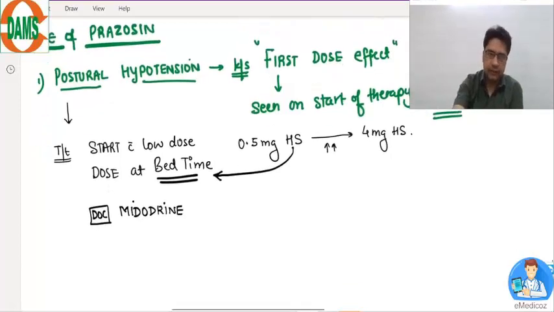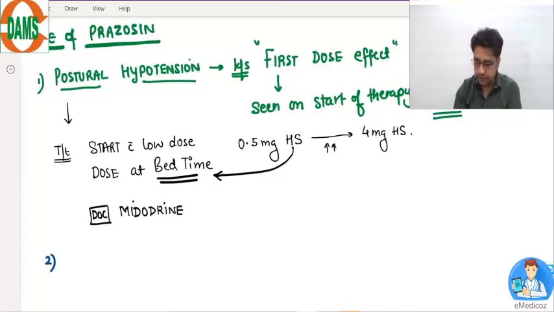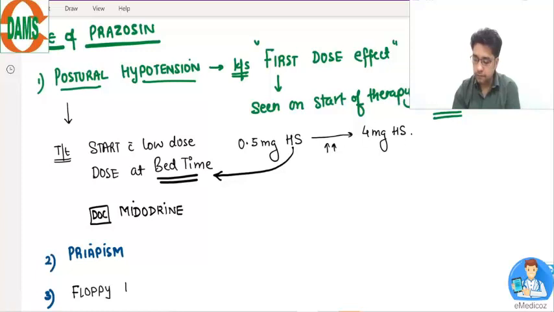Next point, you will write that prazosin causes priapism. And third, it causes no mydriasis. You will write one side effect known as floppy iris syndrome.